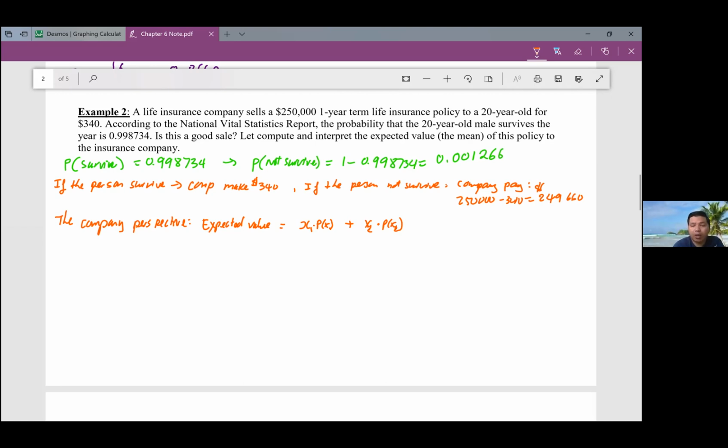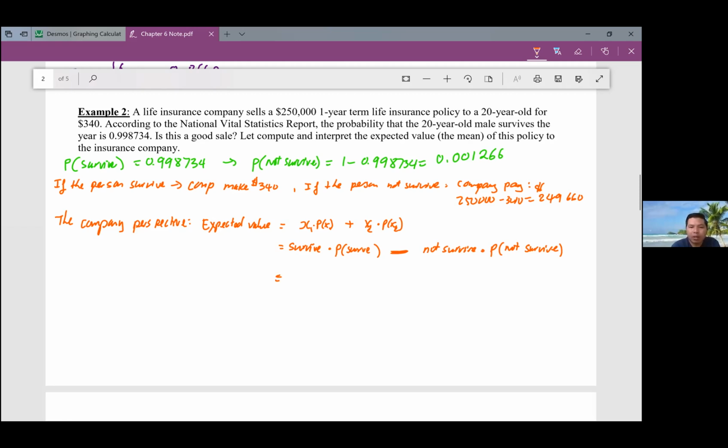So in this case, we're looking at the scenario that we have the survive times the probability of survive, right? And then not survive times the probability of not survive. And because the company is losing when the person is not survive, they're gonna do that subtraction, right?